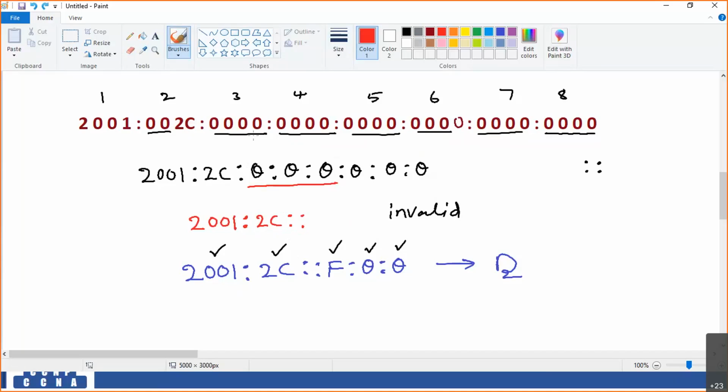Because all the remaining are zeros. If we assign like this, how can your PC understand? We assigned only two fields, 2001 and 2C. How many are missing? IPv6 has 8 fields, so 6 are missing. Wherever the double colon is, your machine will automatically understand there are 6 fields of zeros.